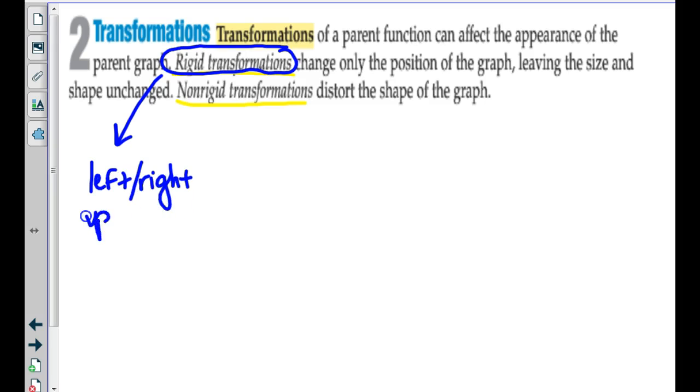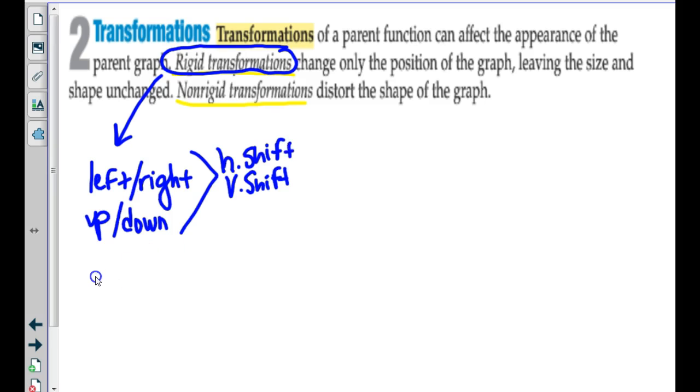If you shift it up or down, okay, so all these shifts, vertical and horizontal, are rigid. Reflections, if you reflect something over the X or Y axis, you just flip it upside down, left, right. Does that change the shape?